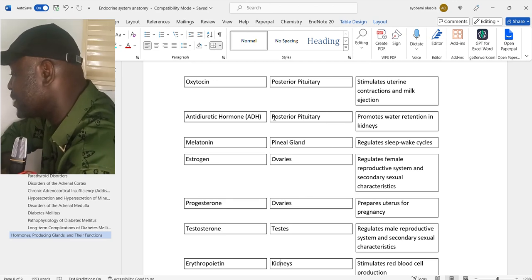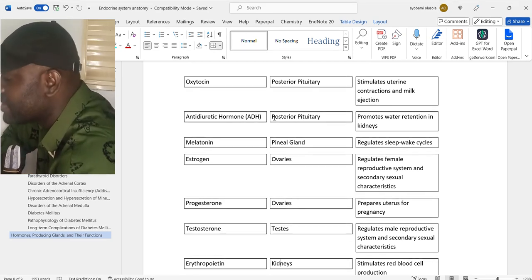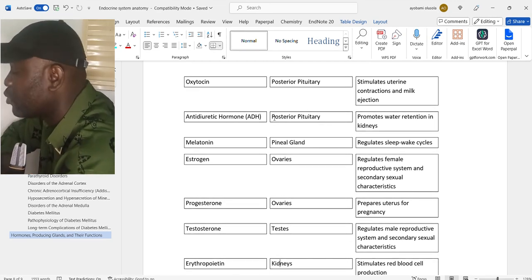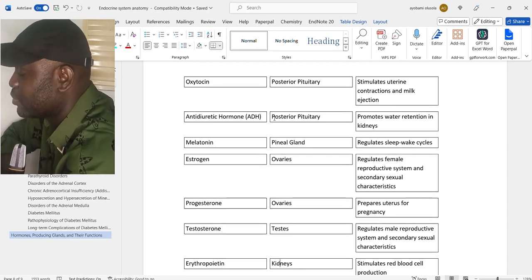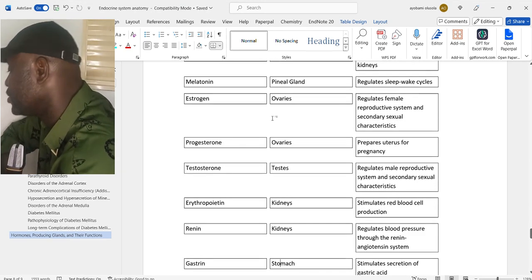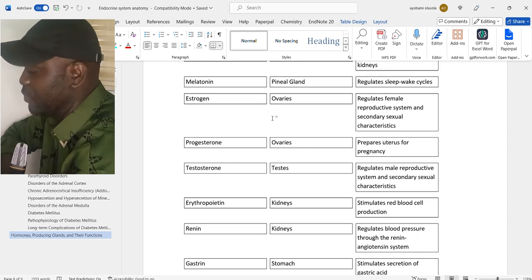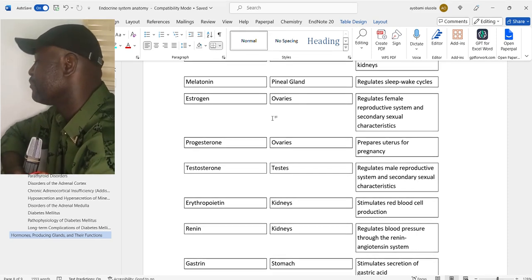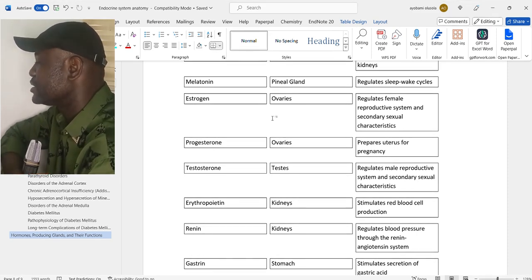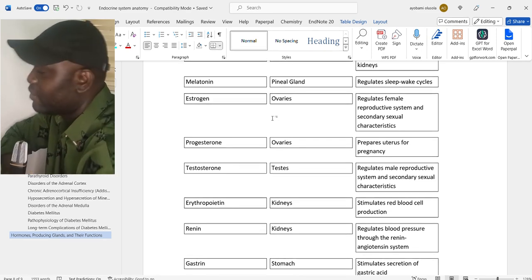Erythropoietin is produced by the kidneys, and it stimulates erythropoiesis in red bone marrow, which means the production of red blood cells. Renin too is produced by the kidney, and regulates blood pressure through the renin-angiotensin-aldosterone system. We have other ones.